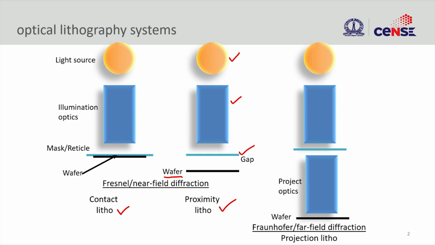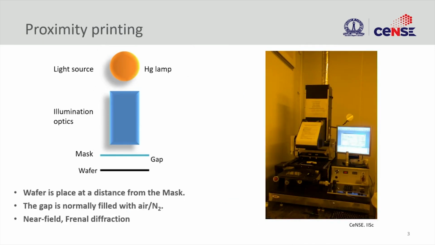Let us look at how this system works. This is a typical example of a system. On your right side you can see a system at the nanoscience department in IISc.